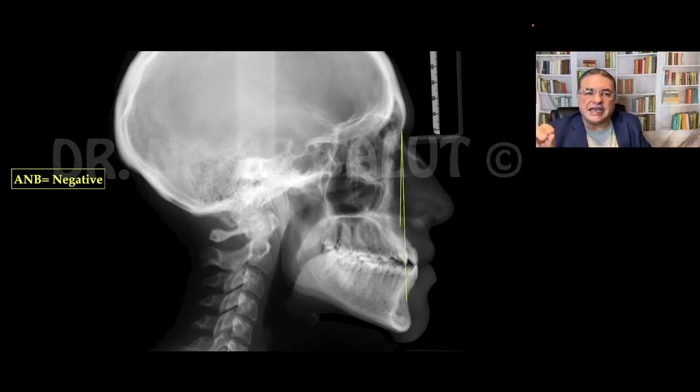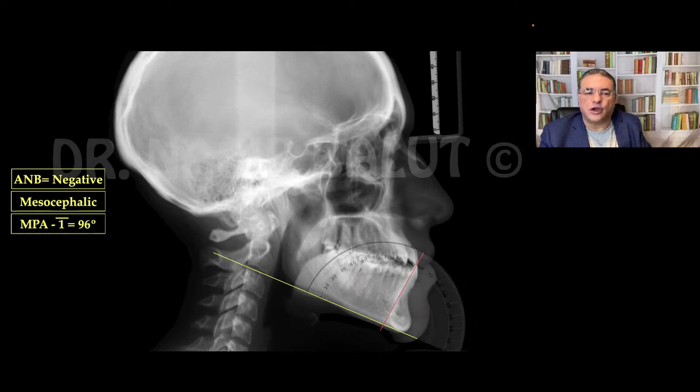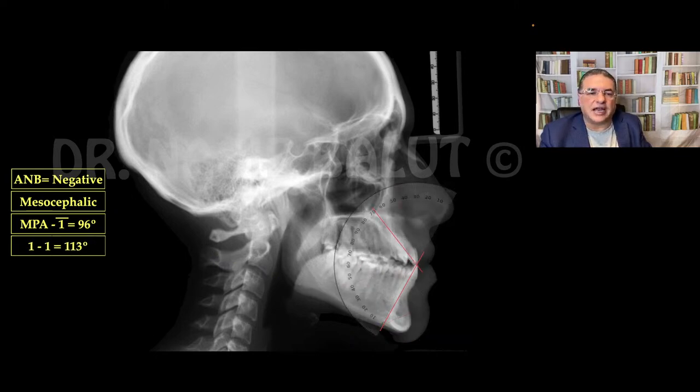She has a negative A and B. Point A is back from point B. It's a mesocephalic type of patient with a good inclination of the lower incisor, 96 instead of 90. And the upper incisor is slightly proclined. That's why we have a decreased interincisal angle.